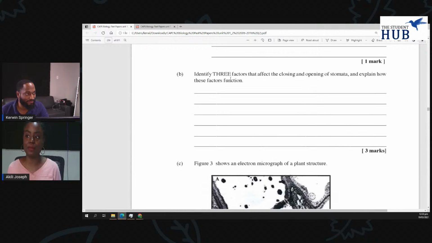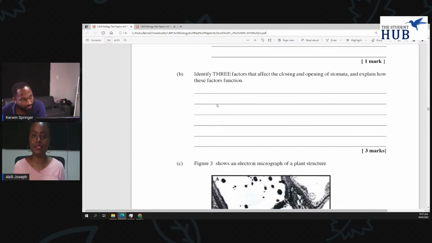But it's not only about identifying the factors, it's also about explaining how these factors function. But generally, this is a 3-mark question, so you don't need your whole life story, right? Once you give a 1-liner explanation for your factor, you'll be satisfied that you've provided enough to the examiner to warrant them awarding you that mark, right?